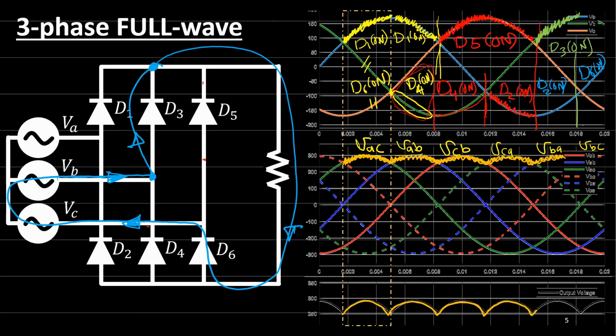And the output will be something like this. This is the output voltage: VAC, VAB, VCB, VCA, VBA, and VBC.